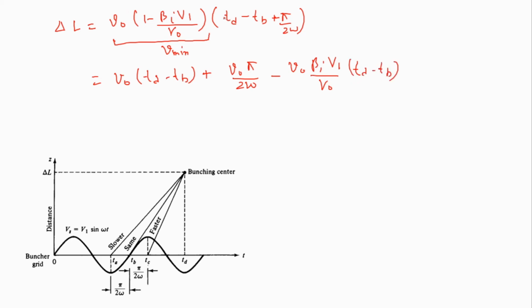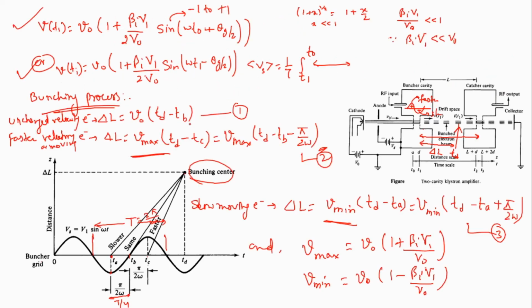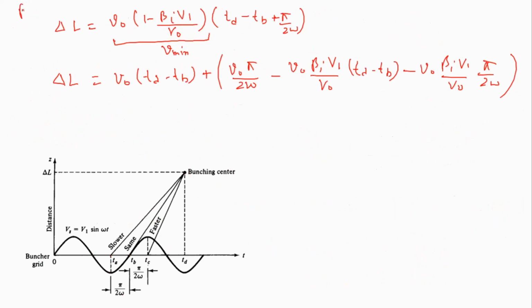Again we have a minus sign: minus V0 into beta I V1 divided by V0 into pi by 2 omega. So this is the equation of delta L for V min, from equation number 3.